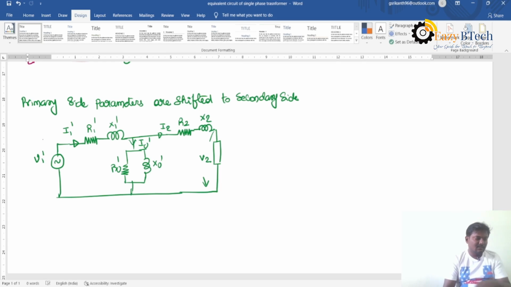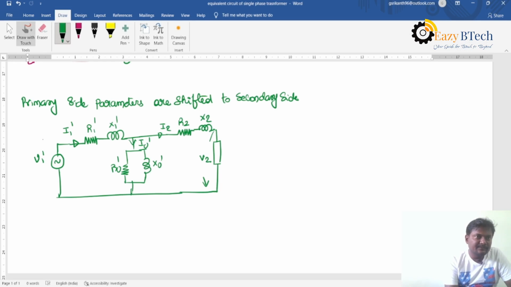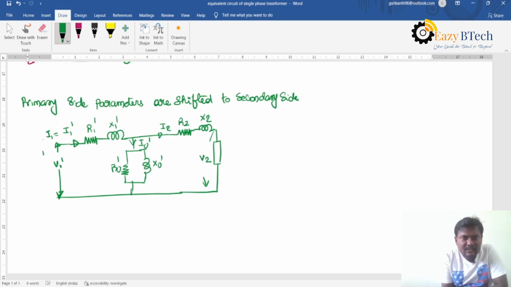This is V1 dash, the supply voltage represented on the secondary side. Anyway, the primary current won't change, so I1 is equal to I1 dash. The secondary current is I2, this one is I0 dash, and the primary current drawn from the supply is now I1 dash.